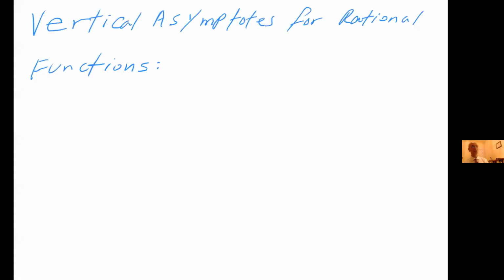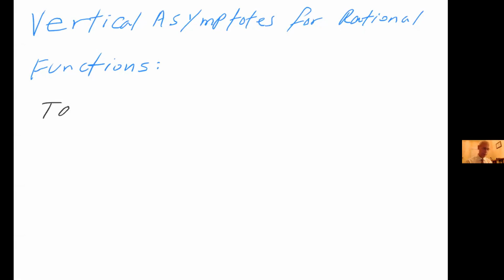We're talking about vertical asymptotes for rational functions. As the name implies, a vertical asymptote is a vertical line that the graph of our rational function is approaching. Actually finding vertical asymptotes is fairly easy. All we have to do is find what would make the denominator of a rational function 0.